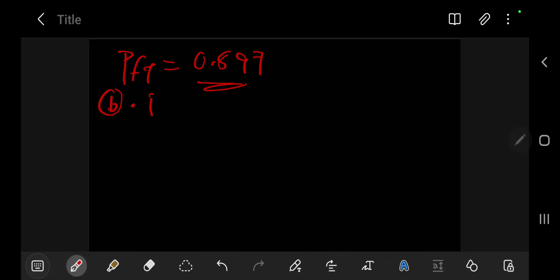So you can just look up power factor correction.